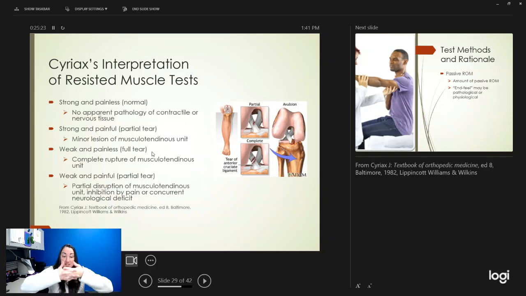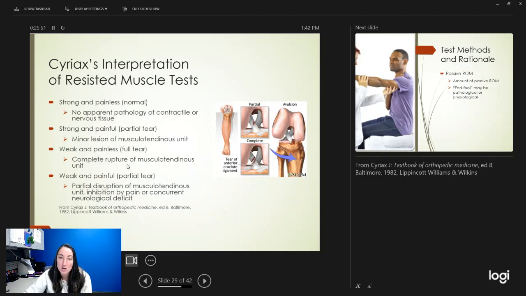It's not touching, it's not irritating the damaged tissue. The tissue is all the way apart, so as you pull it, there's nothing going on to cause pain. It might have been painful at the moment, like when they fell, or cut the wrong way, or got tackled. But afterwards, as they're moving it, it's like, oh, it's not really painful anymore. None of that hurts. Well, that might be because it's a full tear.